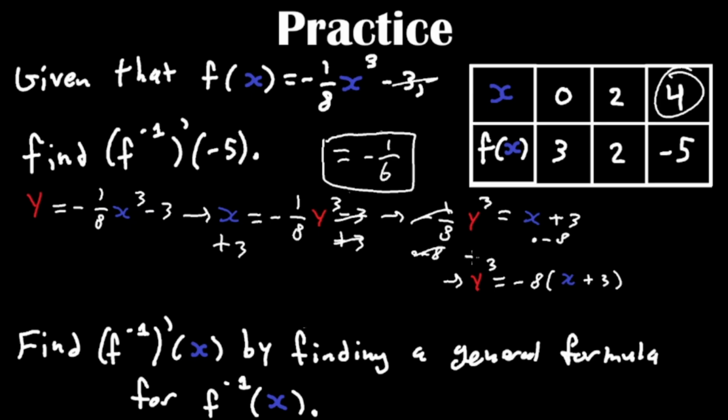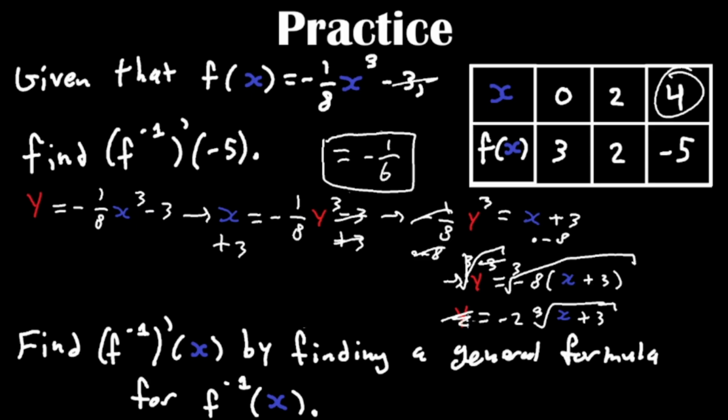And then if we take the cube root of both sides to undo that y cubed, we get that y is equal to, let's do this negative 8 and that x plus 3 separate. The cube root of negative 8 is just negative 2 times the cube root of x plus 3. So that is the general formula for our inverse.